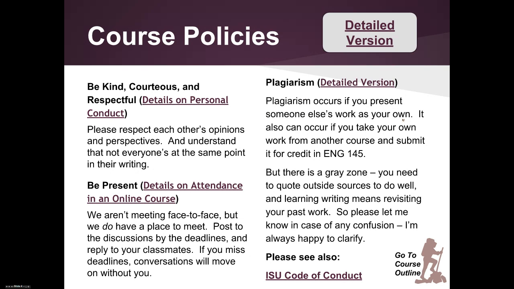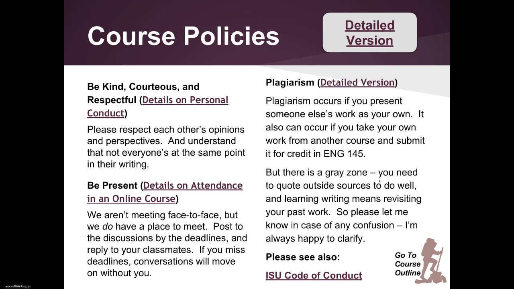Now, we all understand that. It can also occur if you take your own work from another course and then you submit it for credit for English 145. So, for example, if you did a project for English 101 that you're very, very proud of, and then you submit it for 145 without telling me that that's what you're doing, that's actually plagiarism. You can think of it as double dipping, basically.